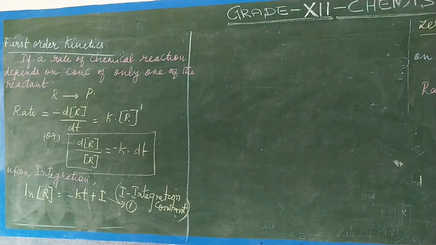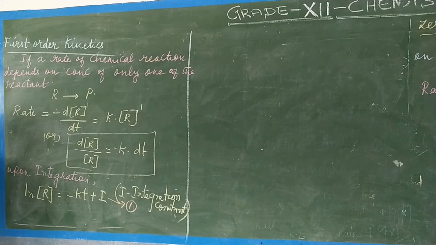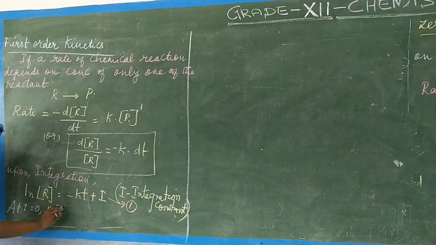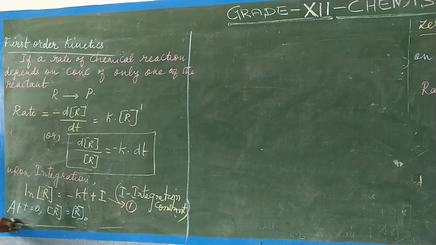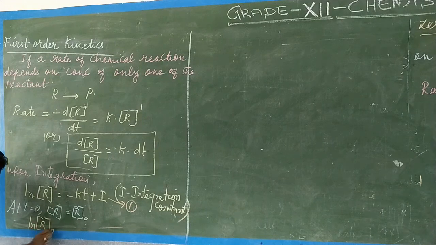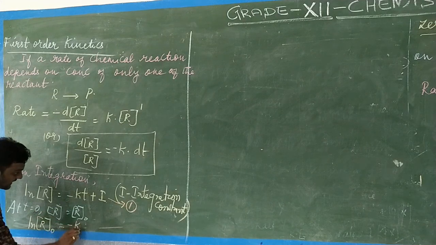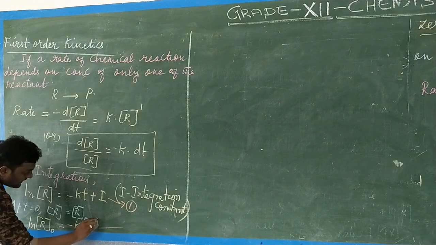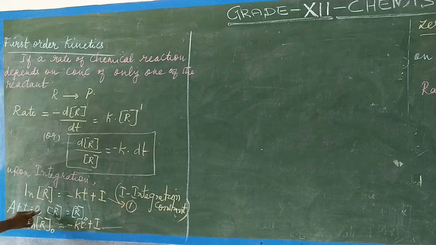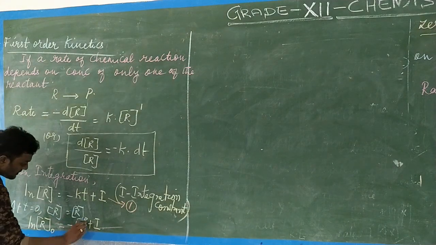Okay, now considering at time t is equal to 0, the concentration of R becomes concentration of R naught. So what will be the equation? ln of concentration of R becomes R naught is equal to minus k into t plus I. The value of t becomes 0.